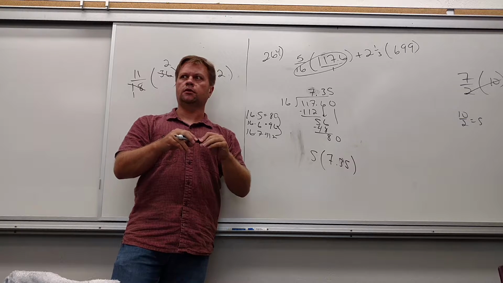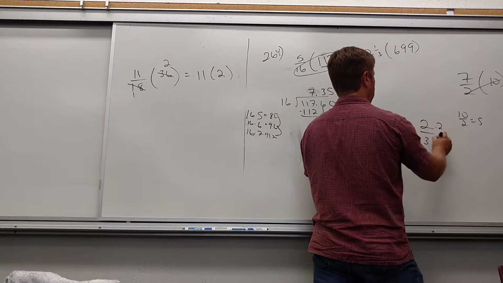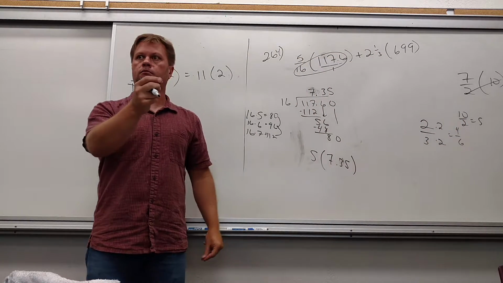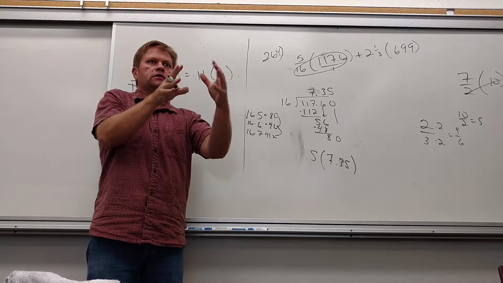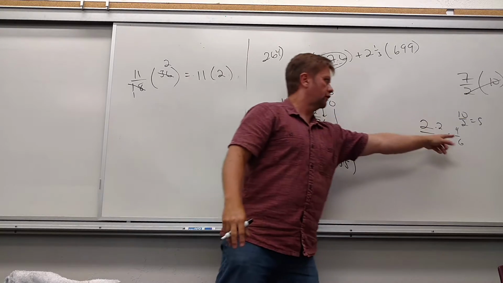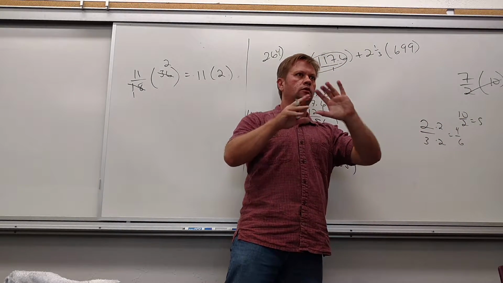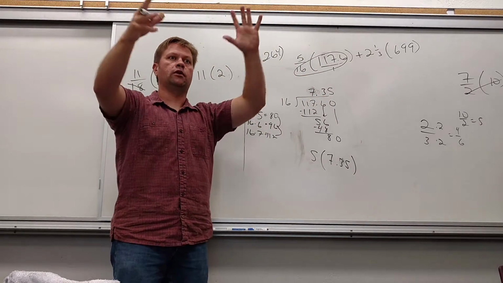You with me? So why am I allowed to multiply the top and bottom of a fraction by the same thing? Because it leaves it the same. So I'm allowed to do anything I want to in the universe as long as it actually ends up leaving it the same. It just makes it look different, but it actually leaves the value the same. Now if you put a 10 over there, then you've changed the value of it, right?